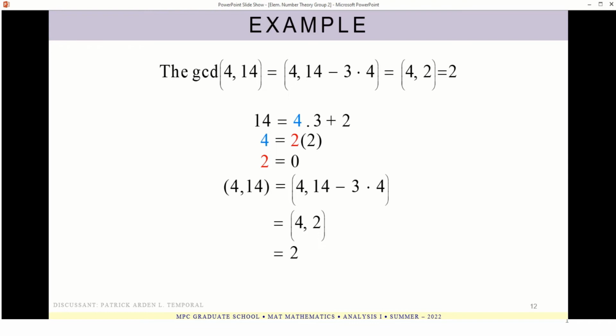Then we set it equal to the smaller number, which is 4 times 3 plus 2. The next step is to take the number 4 to the other side, and 4 is equal to 2 times 2. Then 2 is our GCD.